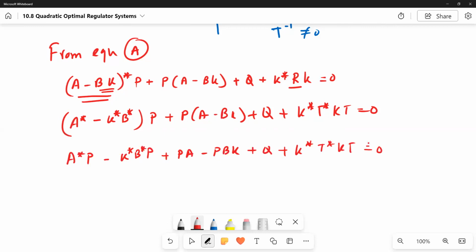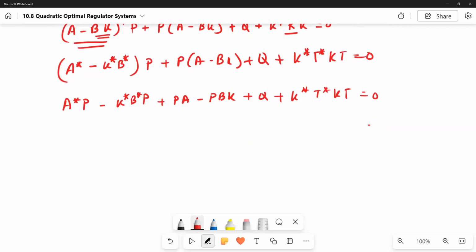So basically we have to somehow optimize or minimize this equation. That is why we try to figure out the parameters that can be optimized. So now A star P plus PA, then you have plus K star T star KT, minus K star B star P, minus PBK, plus Q equal to 0.